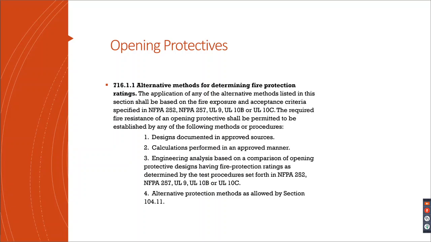So again, if you're using an alternate and you don't have a listing, look at this section for the criteria that have to be met to provide that alternate to us.